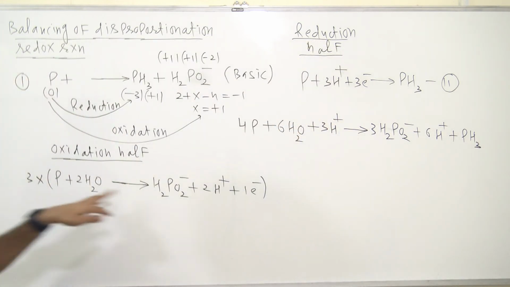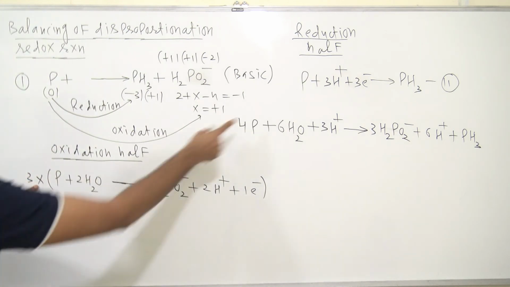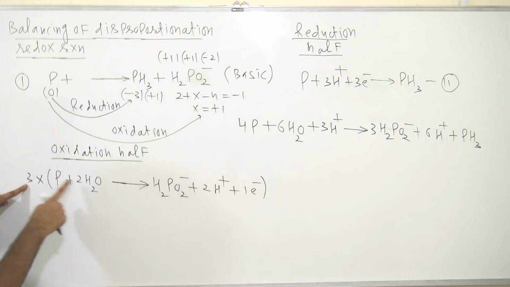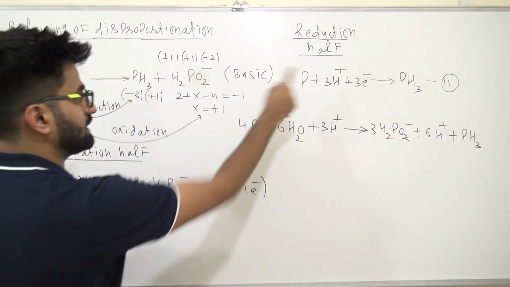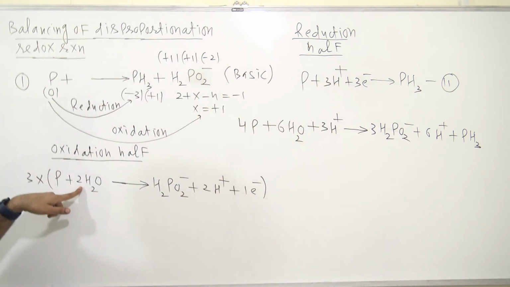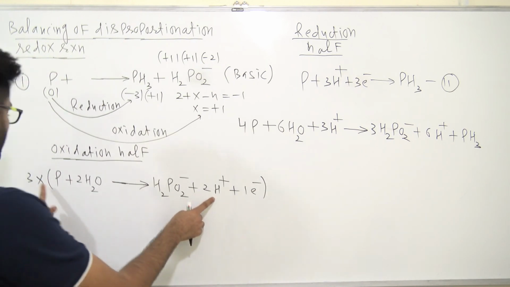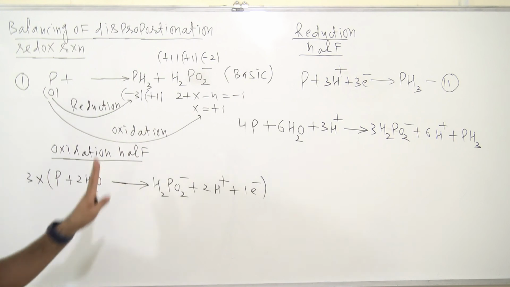Now see, 3 into 1, 3 electrons will get cancelled out. Again 3P from here, P from here, that becomes 4P, this becomes 6H2O, done. 6H2O and 3H plus from here, done. Then this becomes 3H2PO2 minus, then 3 into 2, 6H plus, PH3 from here, 6 electrons will get cancelled out.